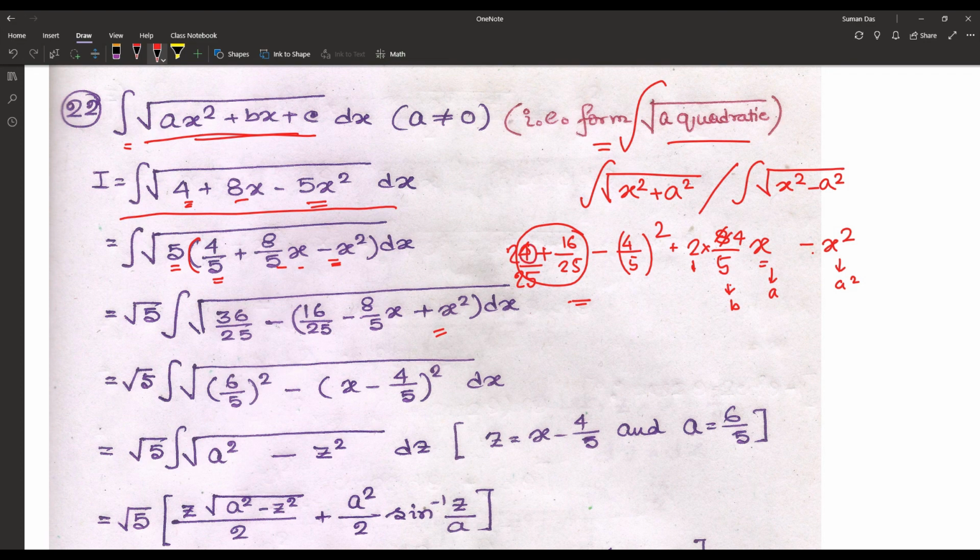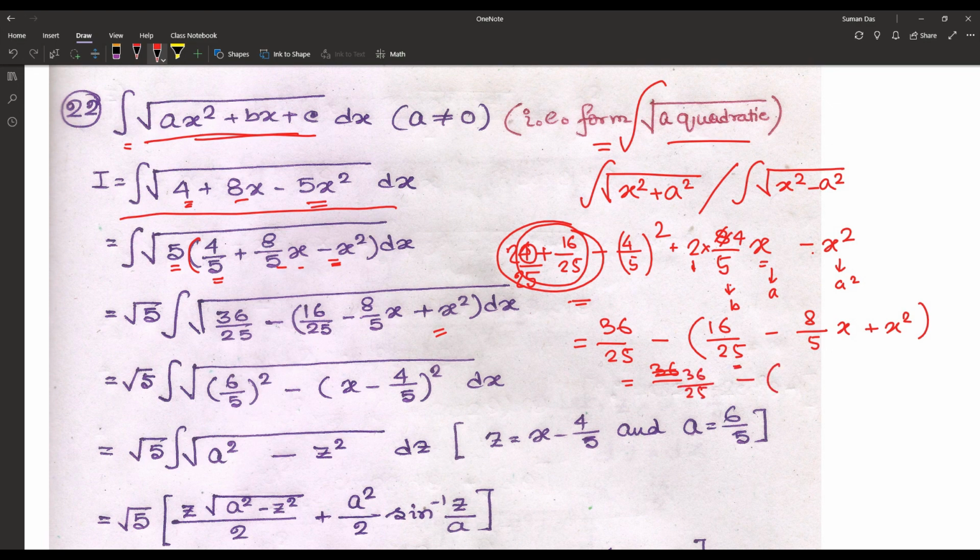So we are getting 36 by 25, and taking common from here, we get 16 by 25 minus 8 by 5x plus x square, and we can write it as 36 by 25 minus, b square or a square minus 2ab plus b square, or x minus 4 by 5 whole square. So that one has been written in that way.